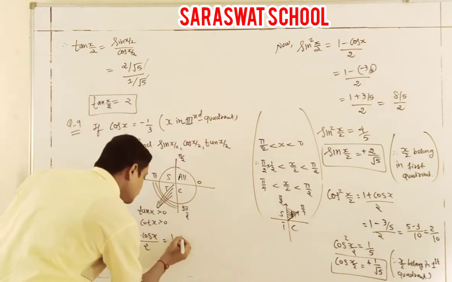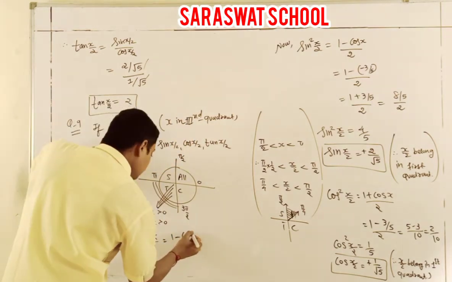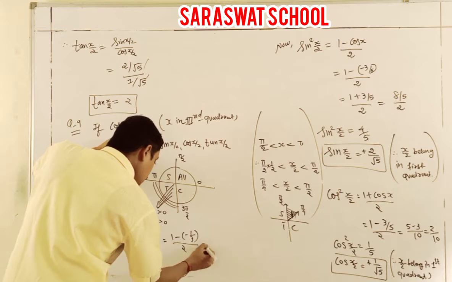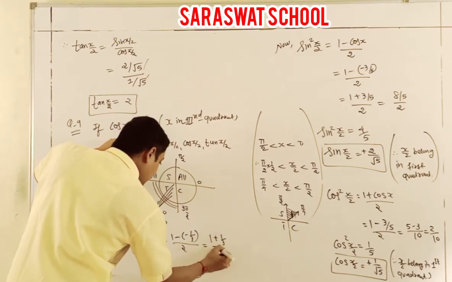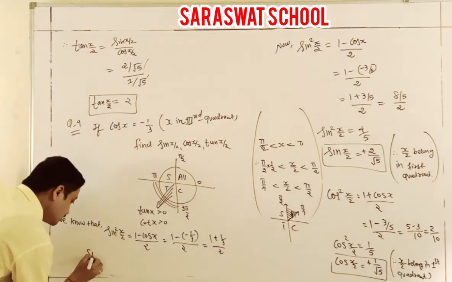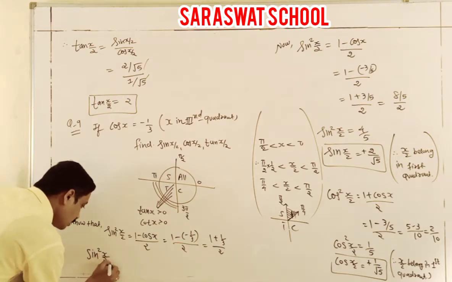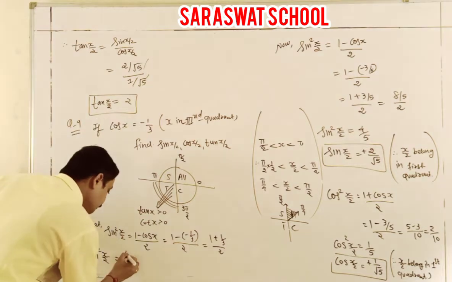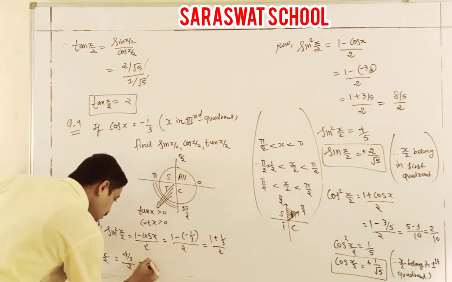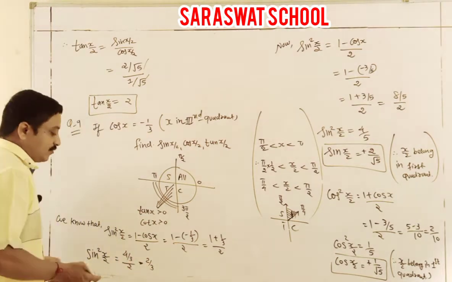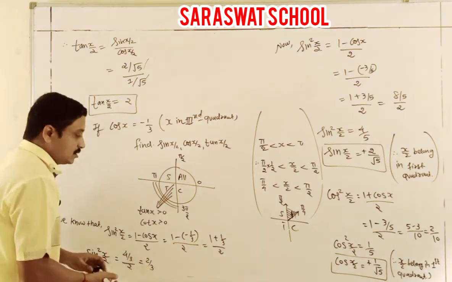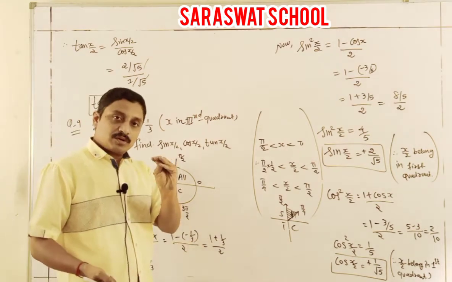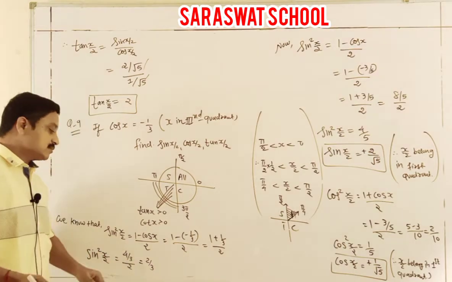So the value is cos x minus 1/3 by 2, so 1 plus 1/3 by 2. So my value of sin square x by 2: here 3 plus 1, 4 by 3, means your value is 2/3. Finally, you get 3 ones are 3 plus 1, 4; 4 by 6 means 2 by 3.